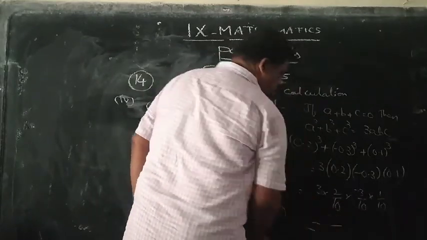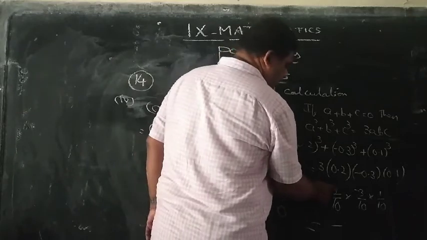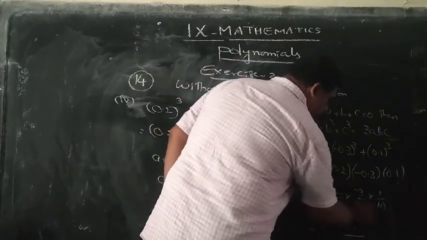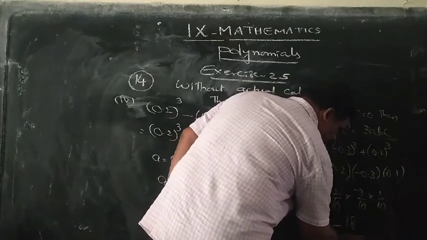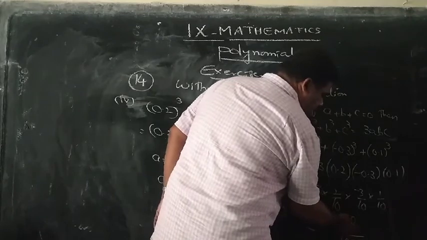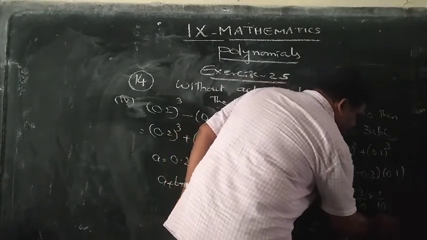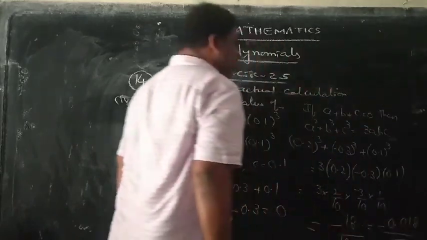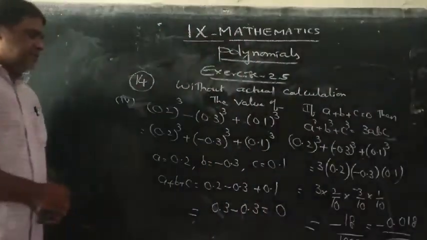Plus into minus minus, 3 2s are 6, 6 3s are 18 by 1000. If the denominator contains 3 zeros, after 3 digits you have to keep the pointer. So answer is minus 0.018.